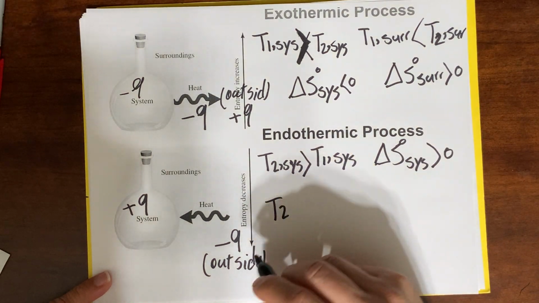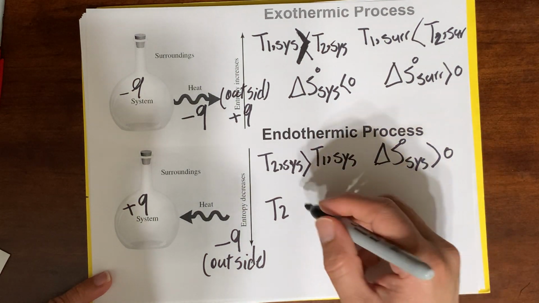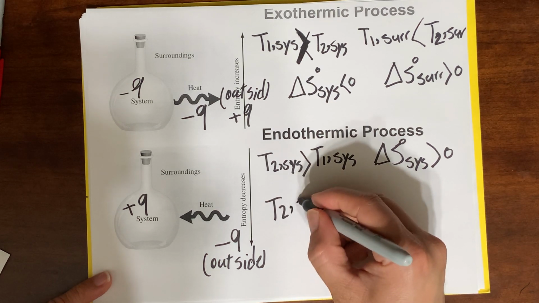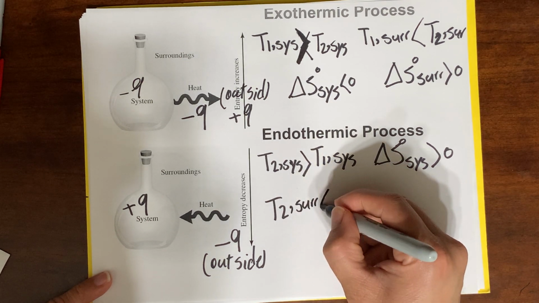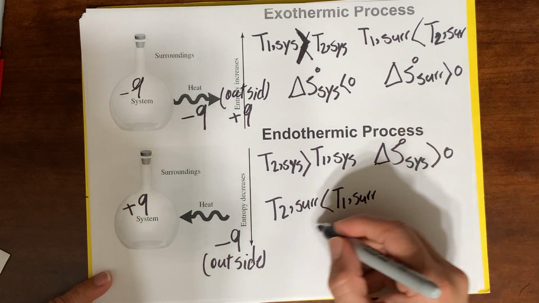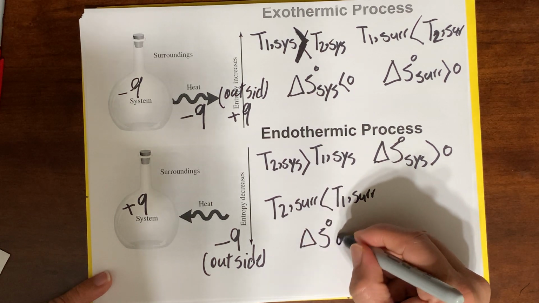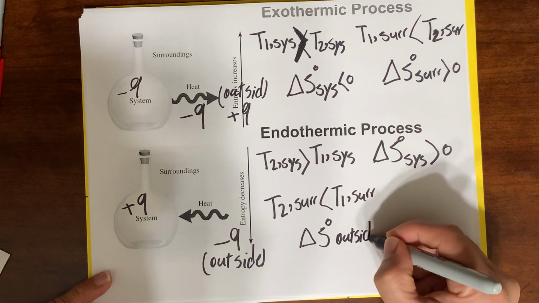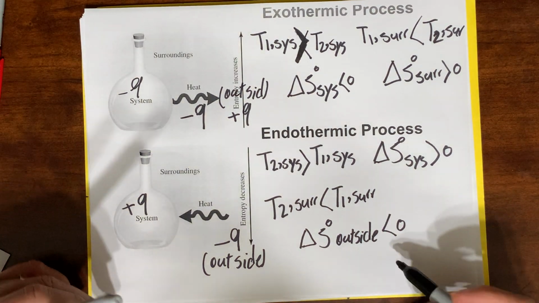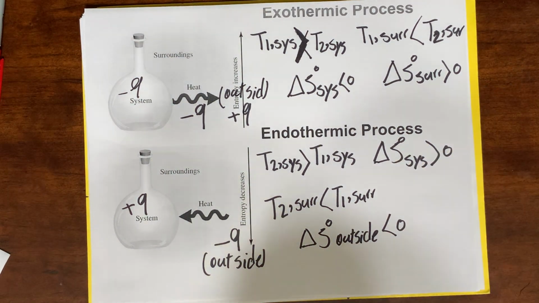Change in temperature of outside this time is going to be negative. Outside is losing heat. So T2 of surrounding is less than T1 of the surrounding. So you can say change in entropy of outside or surrounding will be a negative number because we lost heat. This one is getting colder while the system is getting warmer.